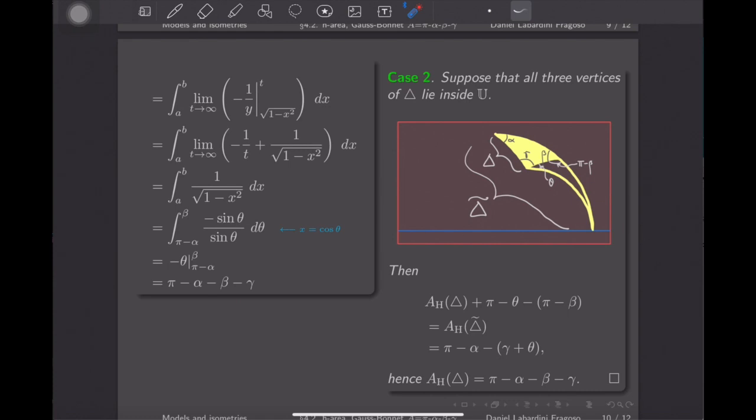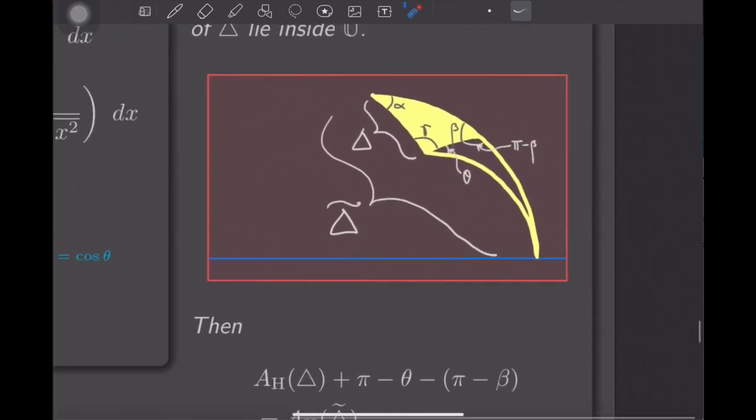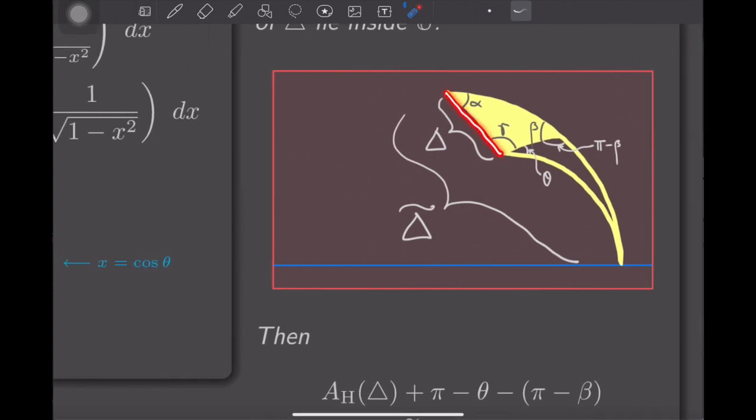And now what remains? Well, we still have to prove Gauss-Bonnet's theorem in the case where all three vertices are finite. Okay, so let's say that this is my delta. All three vertices are finite. And then what do I do?